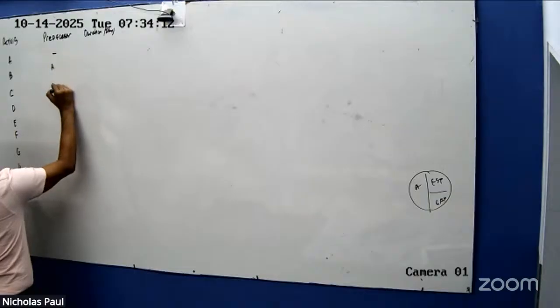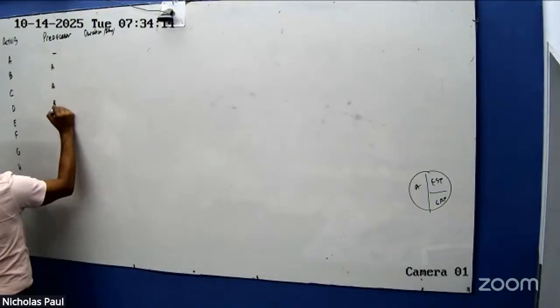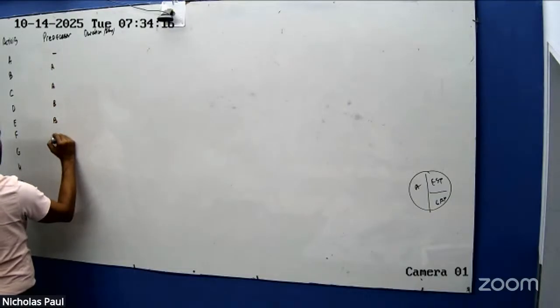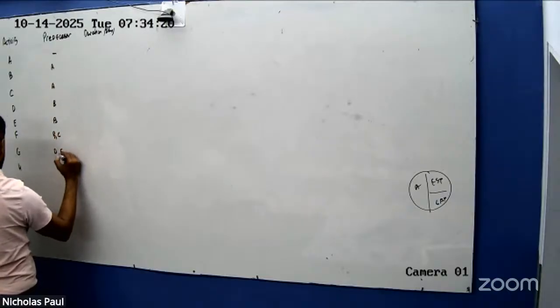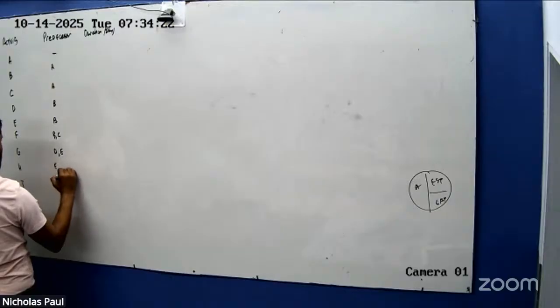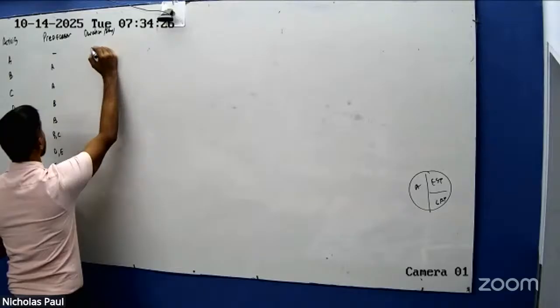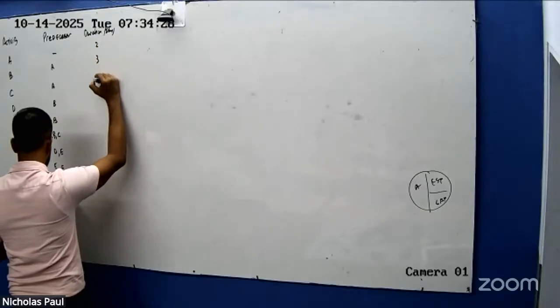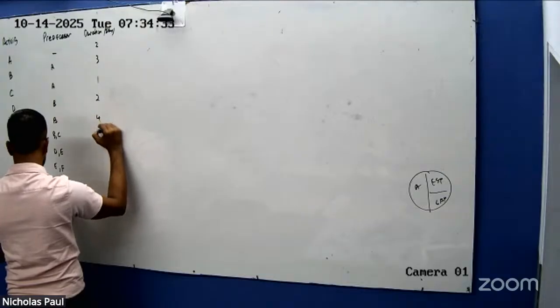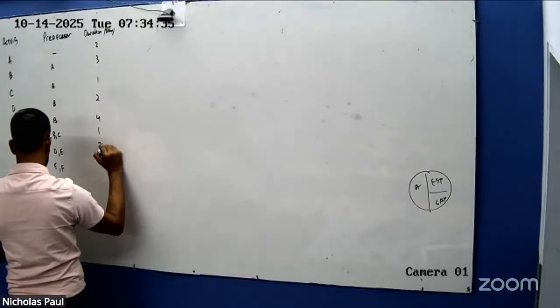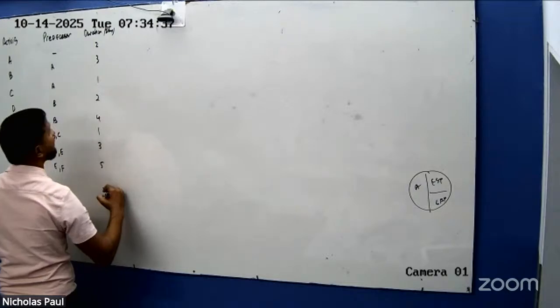This is A, this is A, this is B, this is B, this is B and C, this is D and E, this is E and F, and this is F. So the durations will be 2, 3, 1, 2, 4, 1, 3, 5, 2.